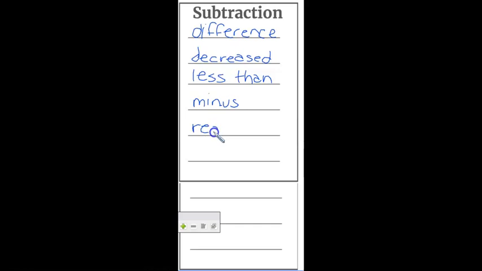Reduce. To make something smaller. So if I took 11 and I reduced it by 5, my answer would be 6. Subtract from. That one's pretty straightforward. If I subtract 6 from 11, I get 5. Let's see. Left.